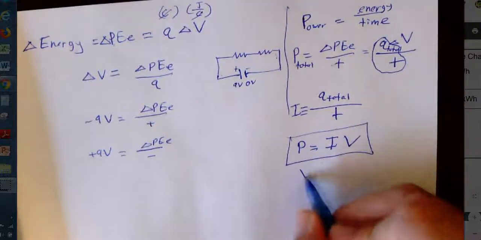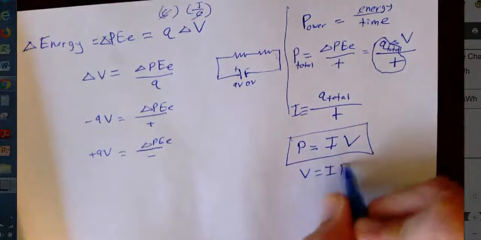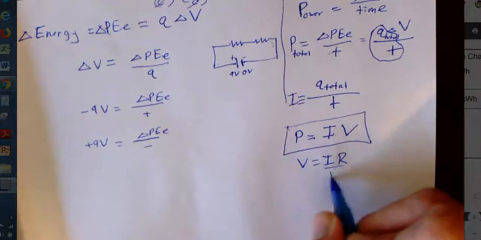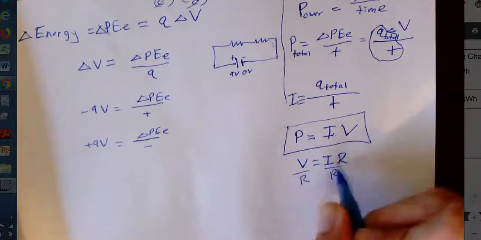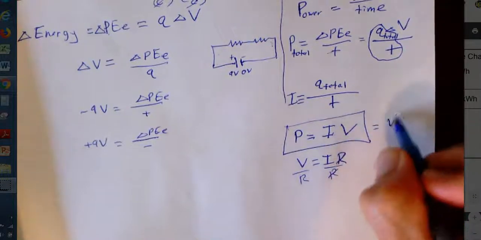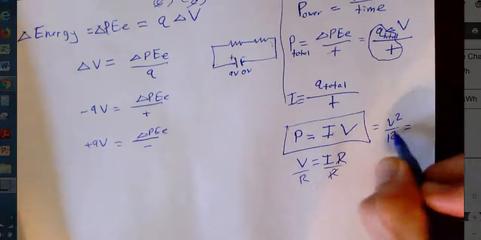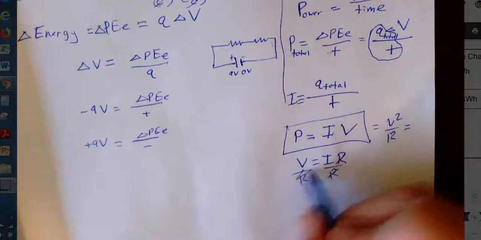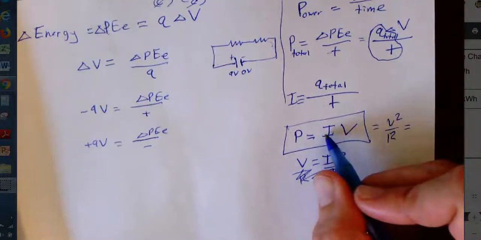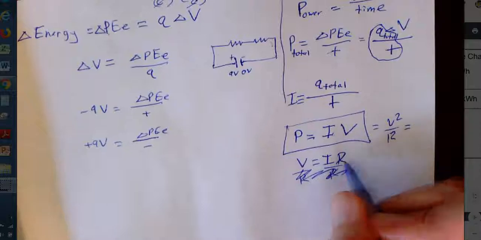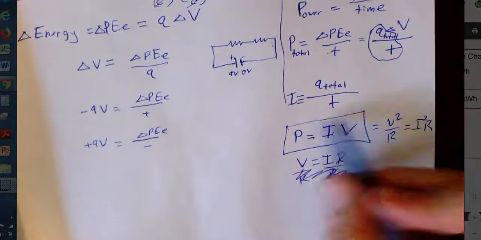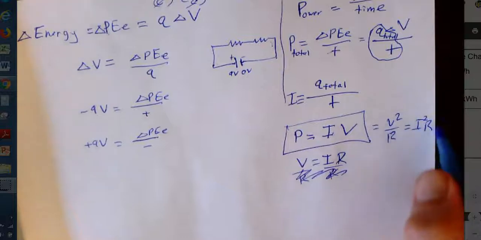If you have an ohmic resistor, a resistor that obeys Ohm's law, you can also say I is V over R. So you get V over R times V, which is V squared over R. Or you could replace the V with IR, plug in IR there, and you get I times I, which is I squared, times R, so I squared R. We didn't talk about these, but this is true, and if it's an ohmic resistor, these are also true.